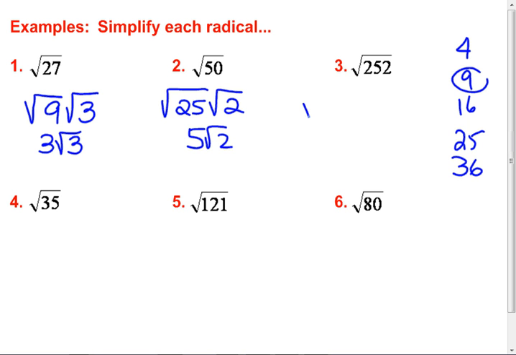I didn't know this one. It's 36 times 7. But all you have to do is divide by these numbers. Now, I would have done 4, and then I would have to do it again, that's all. So this is 6 times the square root of 7. We're almost done.